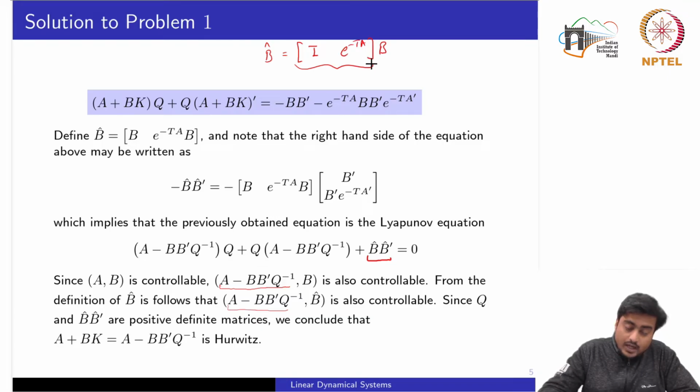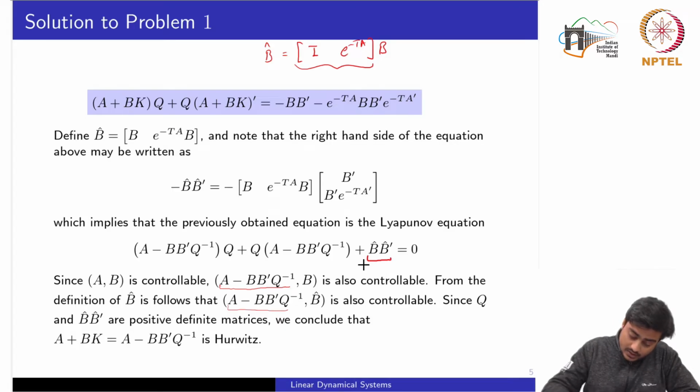So pre-multiplying with a non-singular matrix would not change much of the properties of the B. The rank would remain the same. So meaning to say, this closed loop state matrix paired with another B matrix, which is B hat, would also be controllable. Now since Q and B hat transpose are positive definite matrices, we conclude that this pair would definitely be Hurwitz.